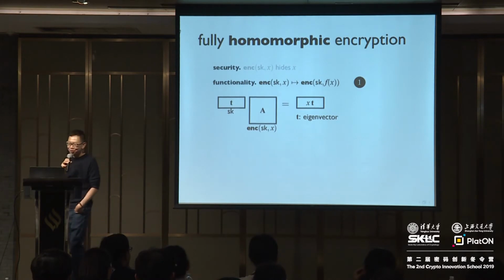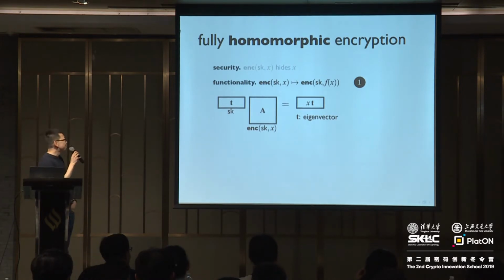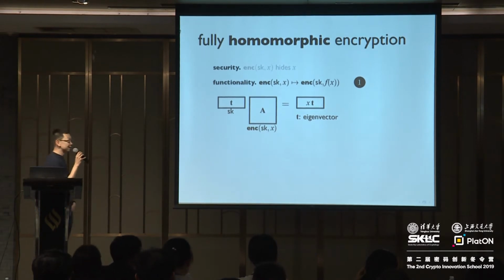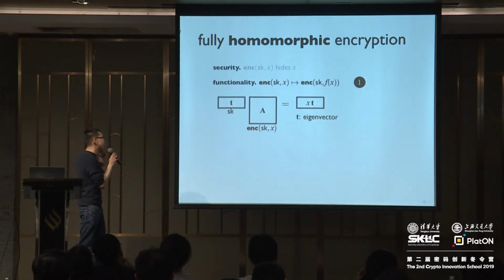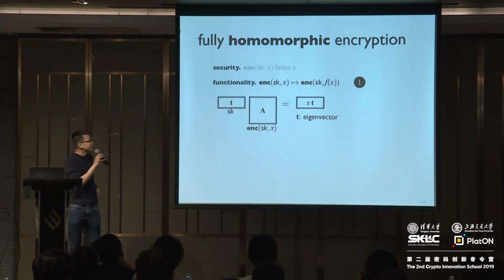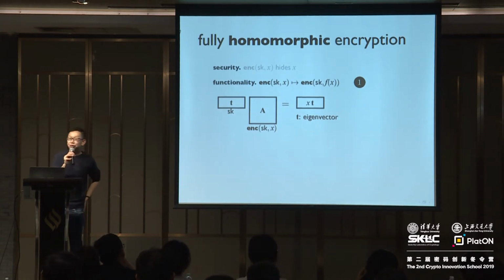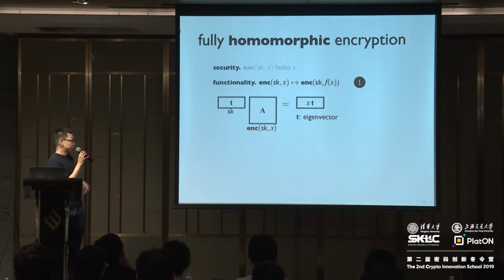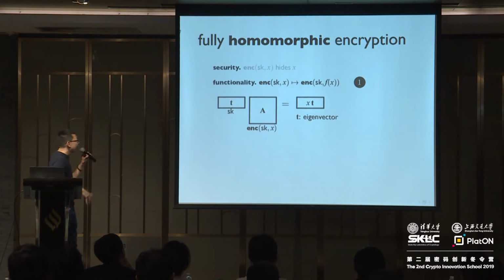If you remember from your high school algebra, t is basically what we call an eigenvector of the matrix A with eigenvalue X. Since we're ignoring security, the distribution is a bit less important, but it's still convenient to think of them as uniformly random subject to this constraint. Any questions so far?